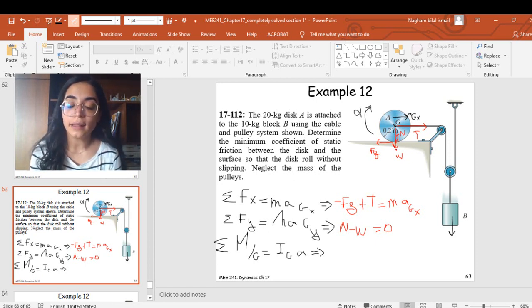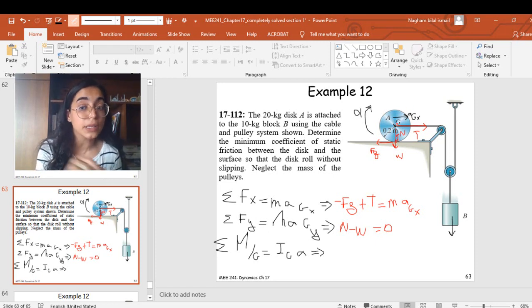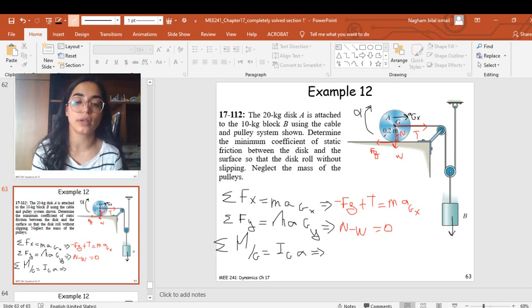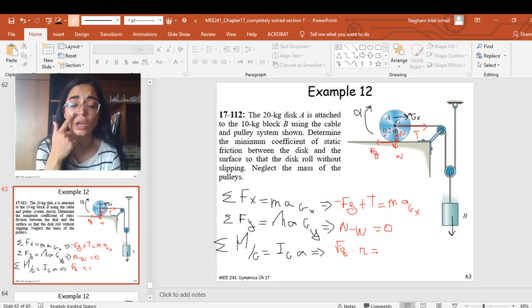So N has a zero moment. T is also passing through the center of mass because the rope is passing through the center of mass, so T also has a moment of zero. I'm gonna only have the friction force, and this friction force is doing the same rotation in the same direction as alpha, which means F times R is equal to I_G alpha.